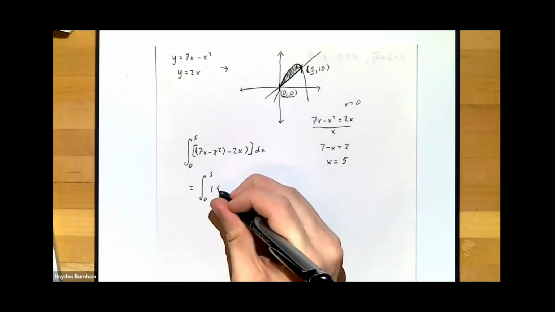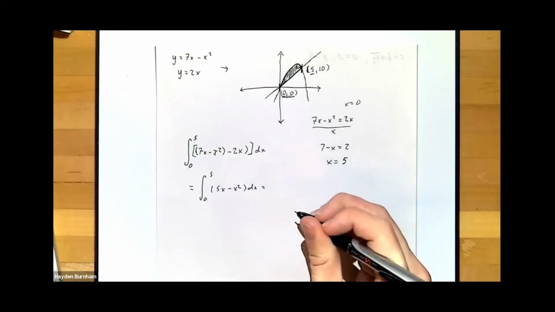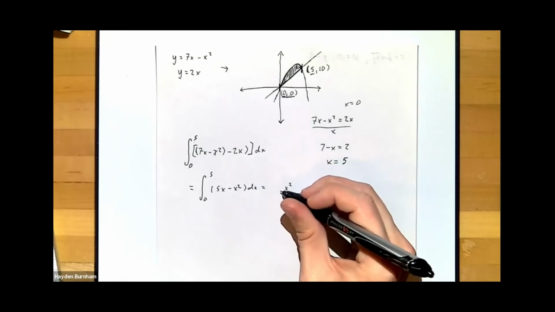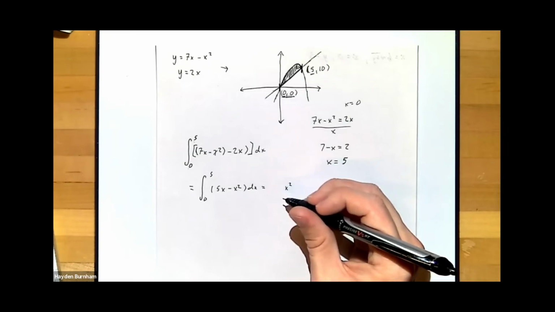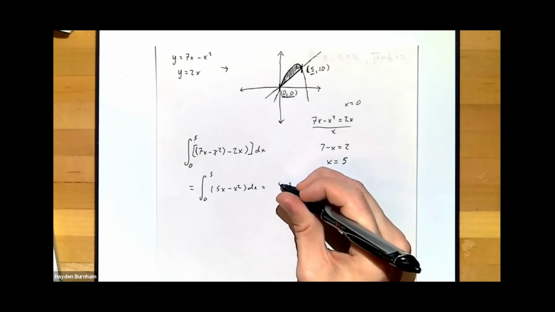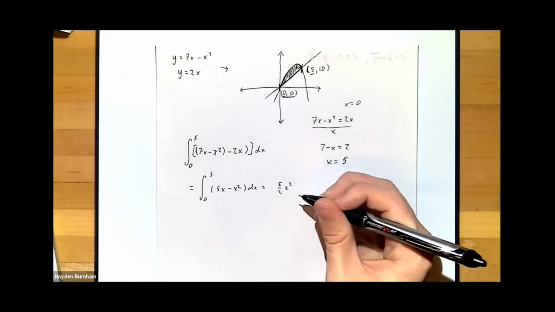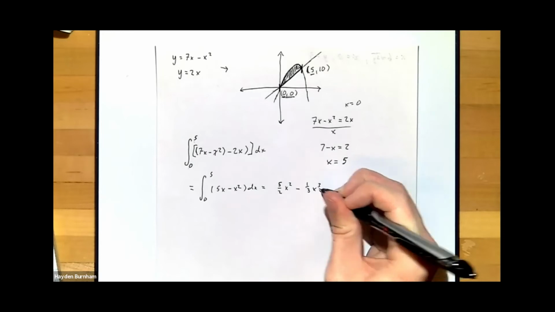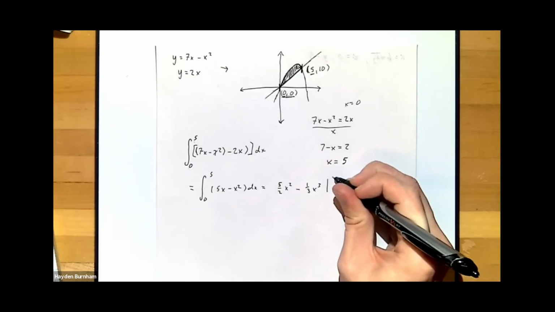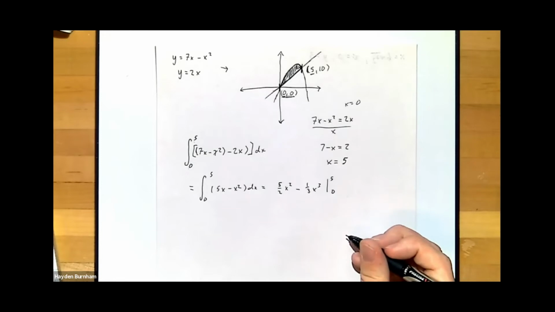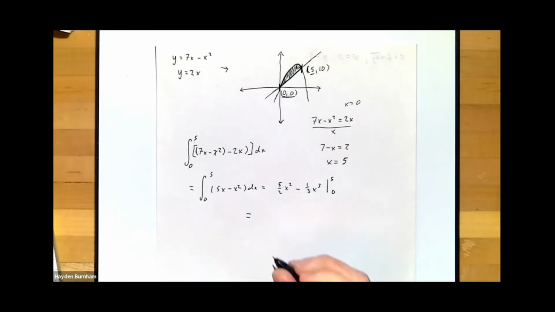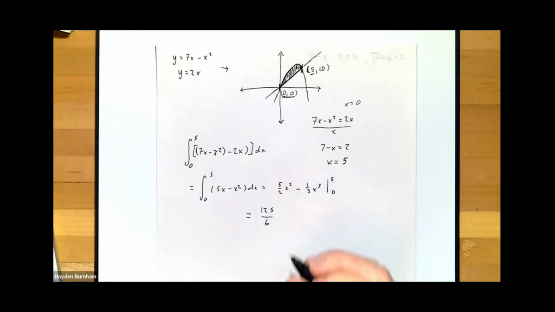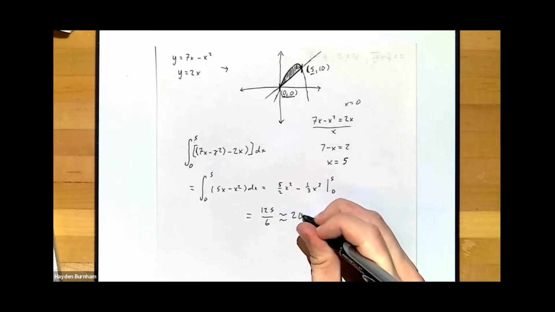Doing all that out, we get the integral of 5x minus x squared dx, which is going to be 5 over 2 x squared minus 1/3 x cubed. Then we plug in the values from 5 to 0. I'll spare you all the arithmetic, and I'll just tell you that it's going to be 125 over 6, or about 20.8.